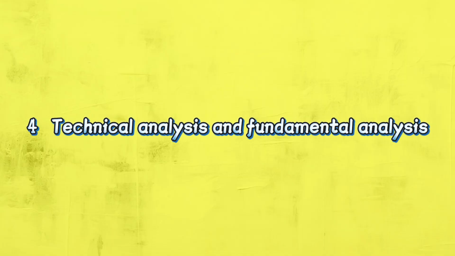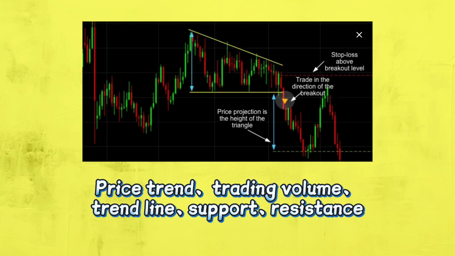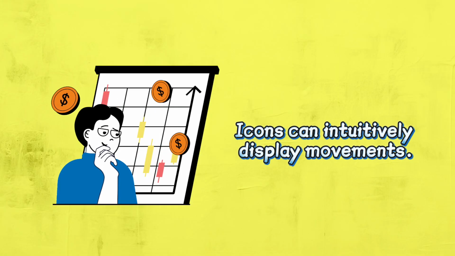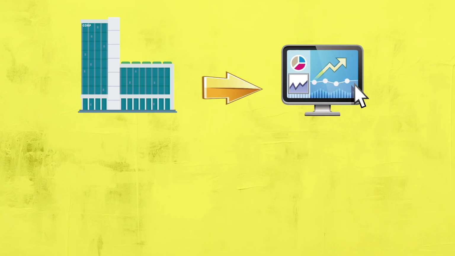Chapter 4. Technical analysis and fundamental analysis. There are two main ways to analyze stocks. Technical analysis focuses on price charts. It studies trends, trading volume, support levels, resistance levels, and price patterns. In short, it tries to understand what the market is currently doing. Fundamental analysis looks at the company itself.